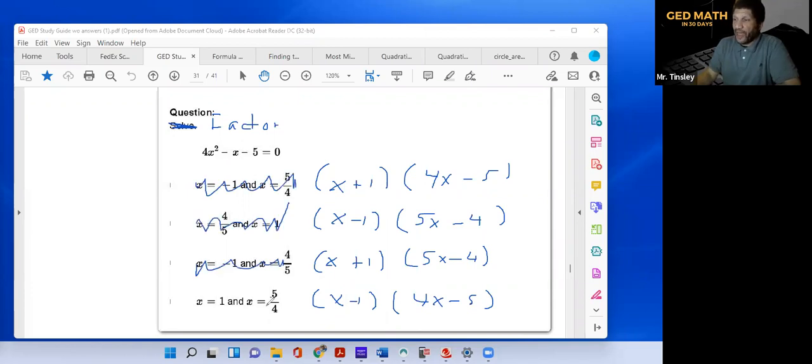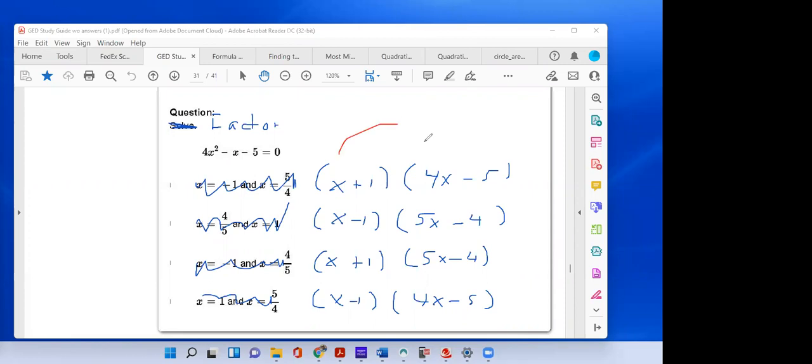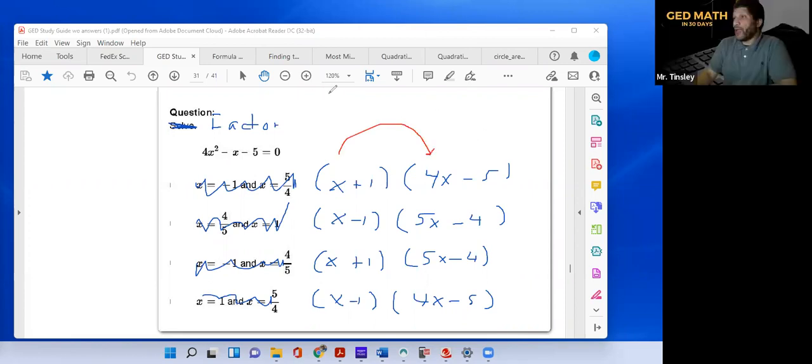So say they told you to factor this. Again, it takes too long for you to factor this. But what did I just show you how to do? I showed you how to multiply binomials. So you go immediately to the multiple choice and you start multiplying binomials. x times 4x is what? 4x squared. x times minus 5 is what?